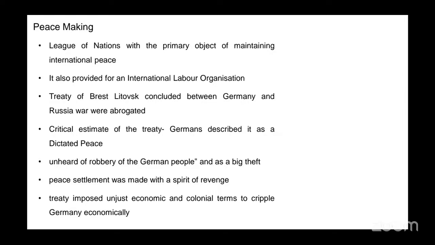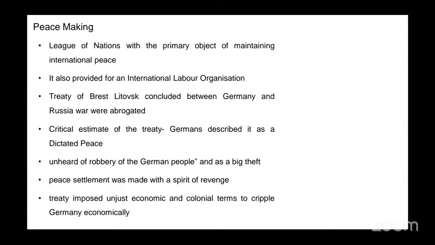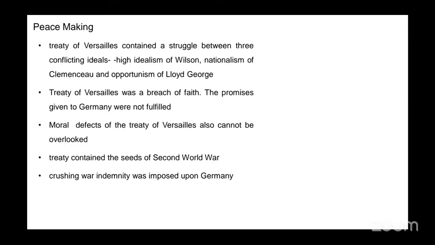And as Germany had lost, it had to abide by these features of the peacemaking. Then the Treaty of Versailles contained a struggle between three conflicting ideals. What are these ideals? The idealism of Woodrow Wilson, the nationalism of Clemenceau, and the opportunism of Lloyd George.